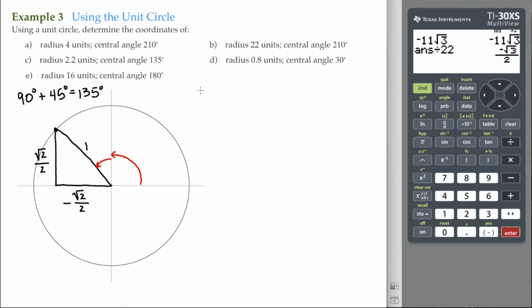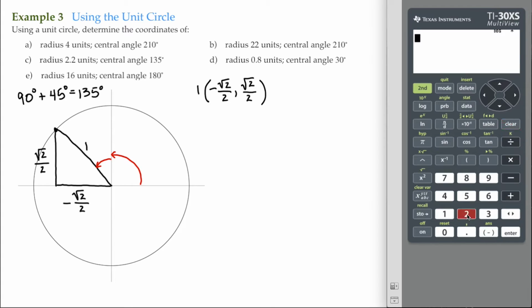So then again, if I have a radius of 1, then I'm going to have negative root 2 over 2 and positive root 2 over 2. But this isn't a radius of 1. It's asking for a radius of 2.2 units.